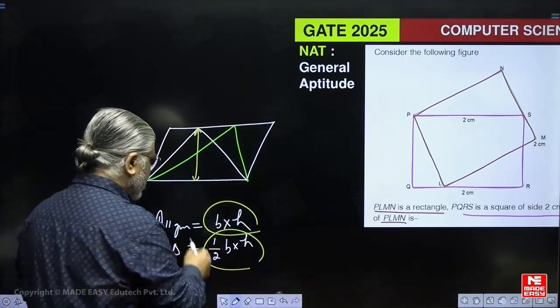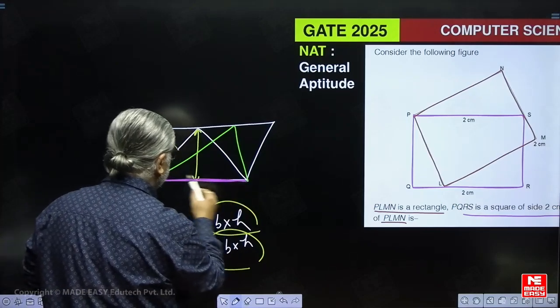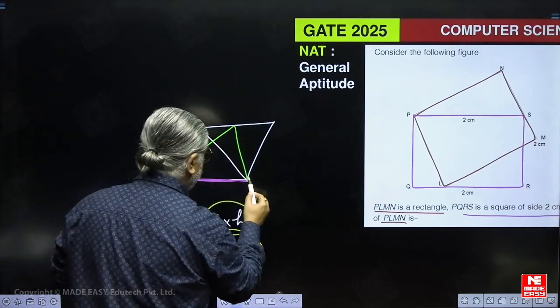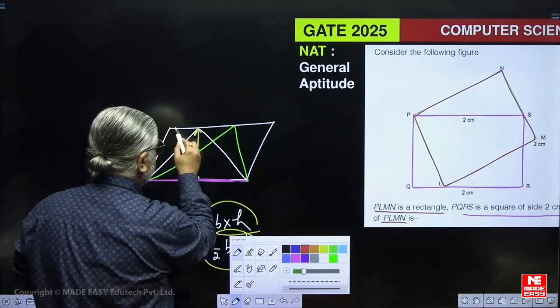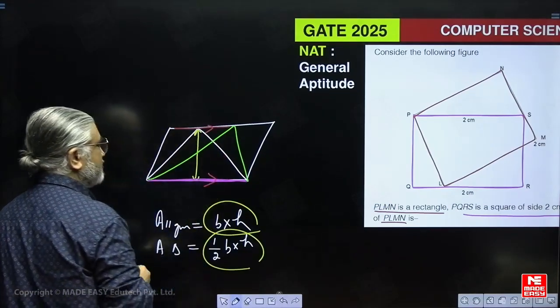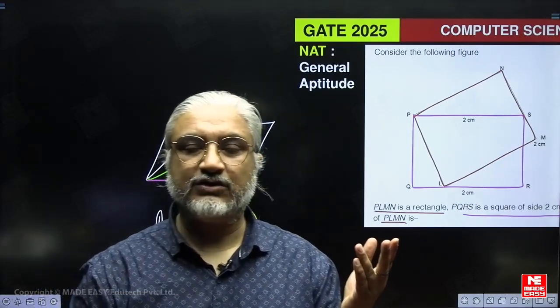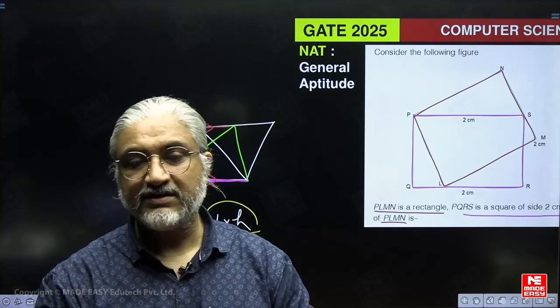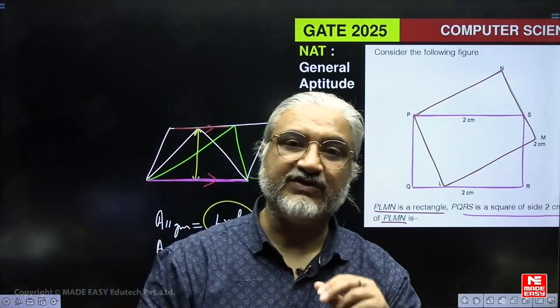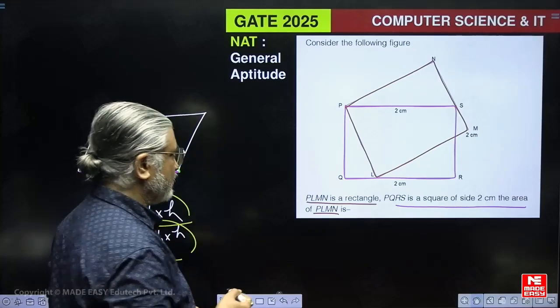Triangles on the same base and between the same parallels are equal in area. A triangle and a parallelogram on the same base, the area of the triangle is half the area of the parallelogram. Let's now apply this over here.